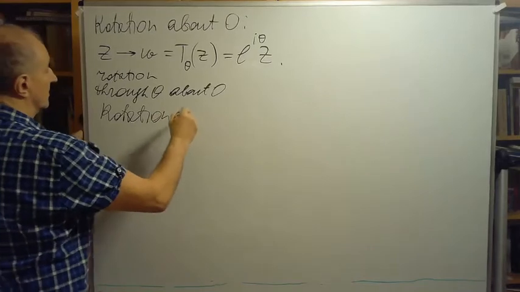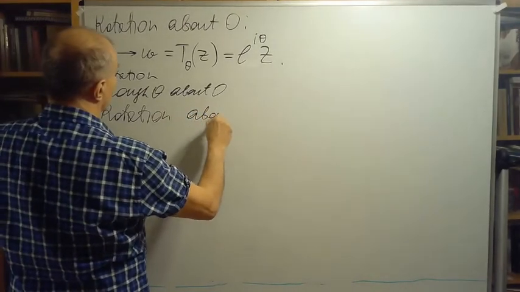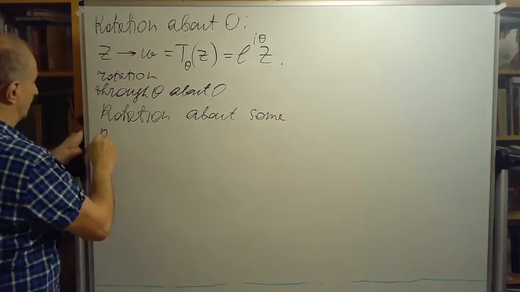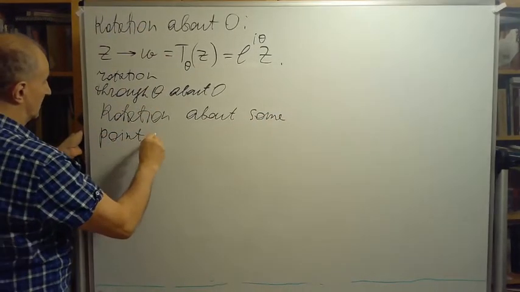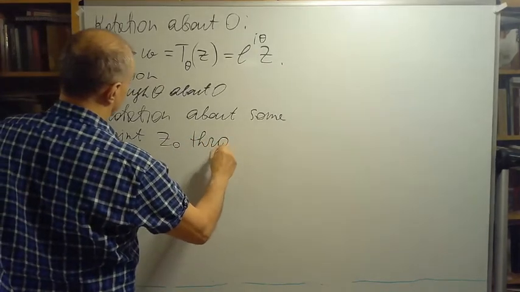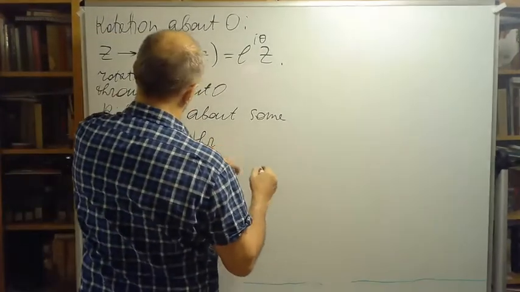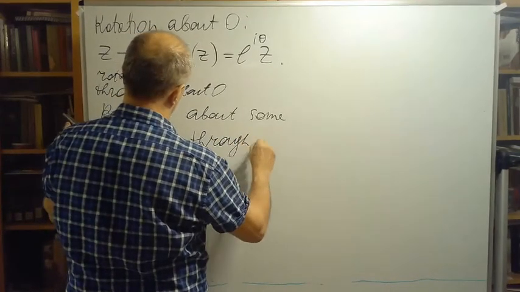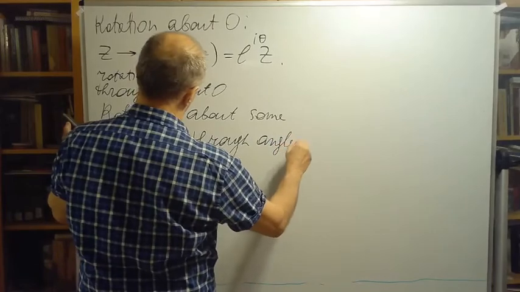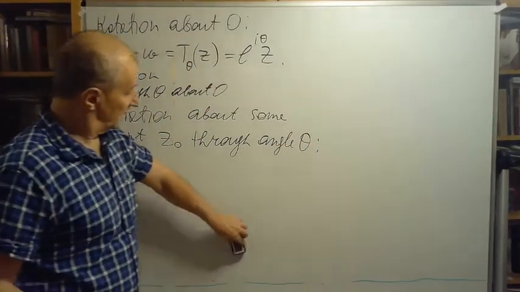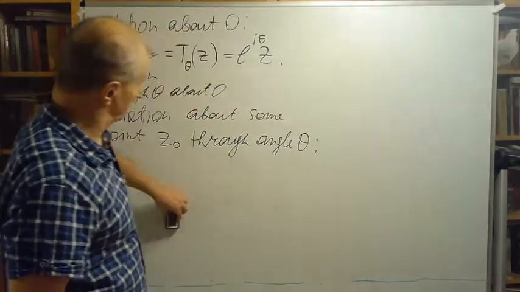Yes? What about the rotations around not the origin, but some other point? Rotation about some point z0 through angle theta. What shall we do in cases like this? I think it's pretty easy.